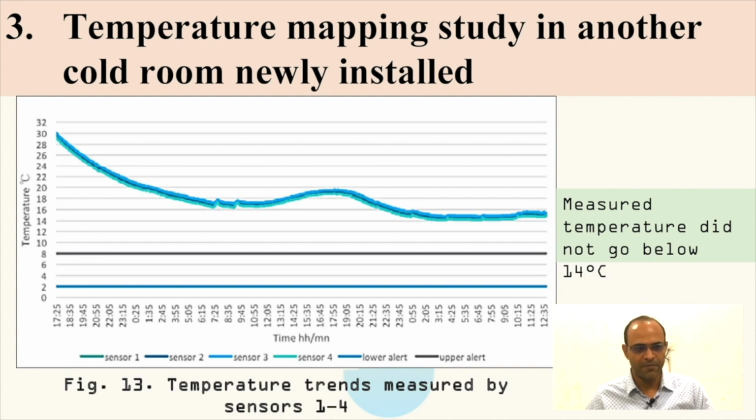The temperature was initiated at 30 degrees Celsius and it was run from 7:25 to 12:35, and the temperature was recorded. In this newly installed cold room, the temperature is always higher than the higher limit. It means that it will not go below 14 degrees Celsius. So it requires further modifications to ensure the temperature is below the acceptable limit.